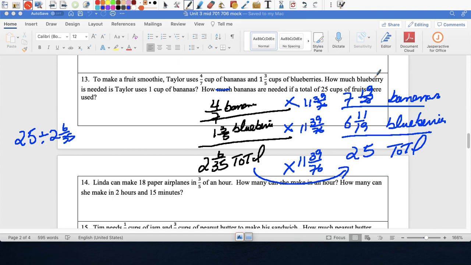Yeah, I multiplied the first one wrong, so it's 1 3/5 times 1139 over 76. This should have been, I apologize, 18 and something. 18 22 over 23.